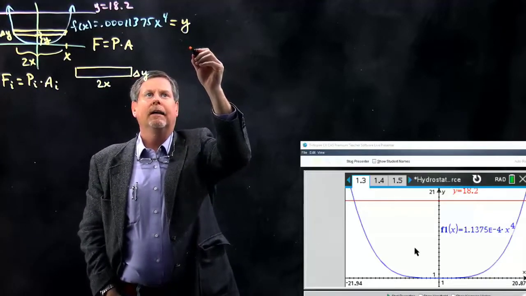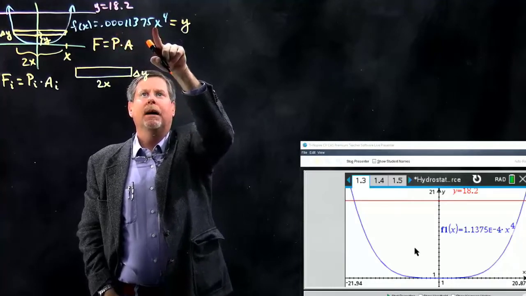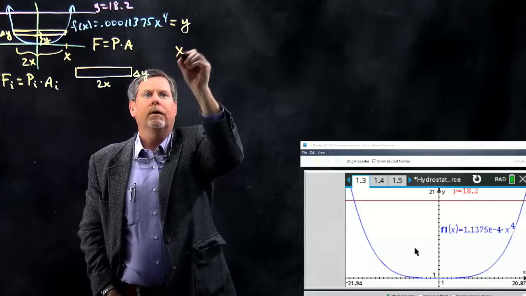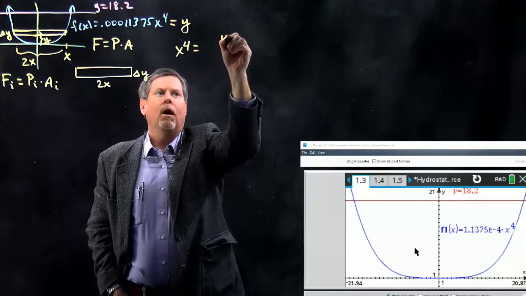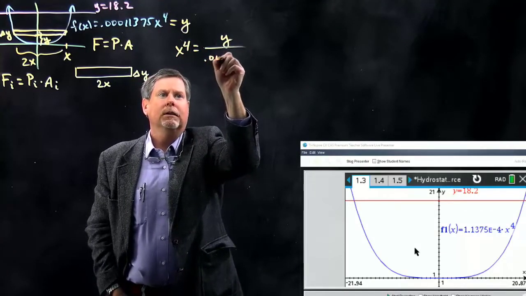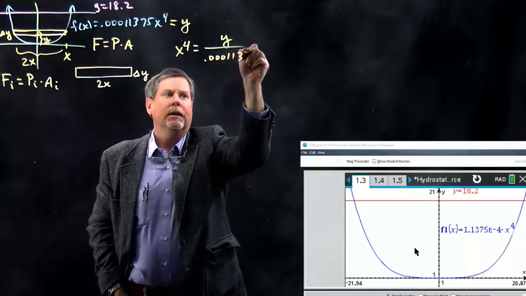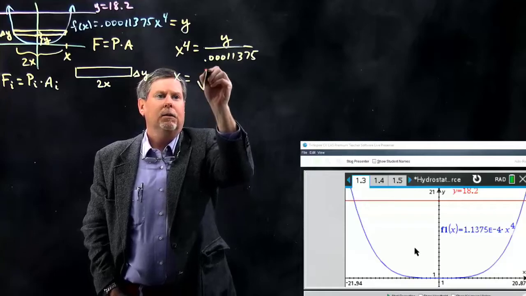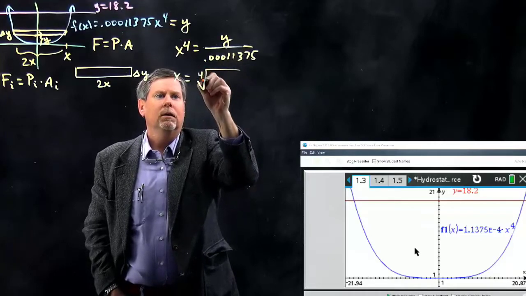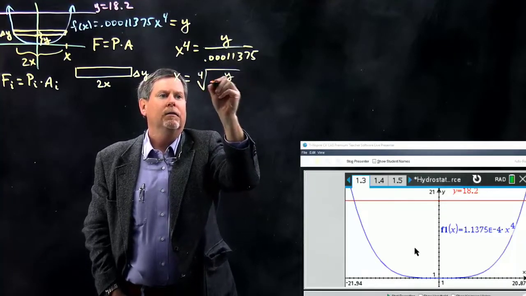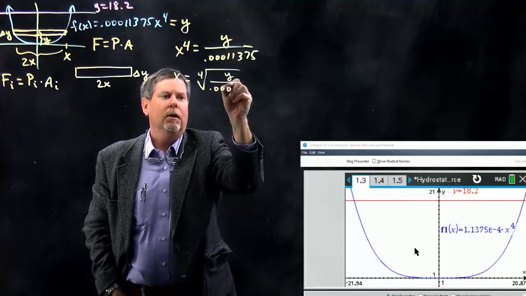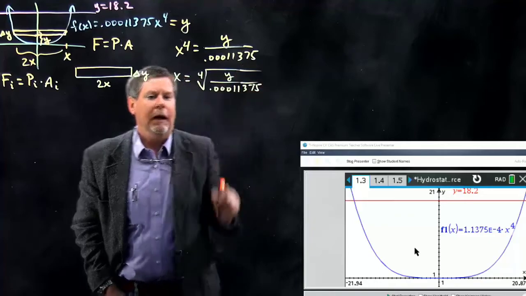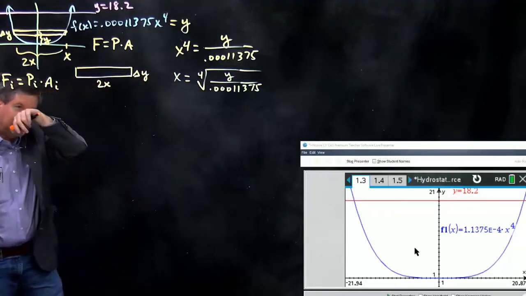I'm going to divide both sides by this number, and then take the fourth root. So x to the fourth is going to be y divided by 0.000111375. So x is going to be the fourth root of y divided by 0.000111375.